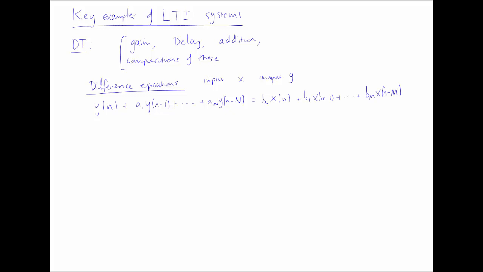It's possibly recursive, so we call it recursive if these terms are present in the description. Otherwise, it's not recursive. In the non-recursive case, you'll get a finite impulse response system. And in the recursive case, you'll tend to get an infinite impulse response system.